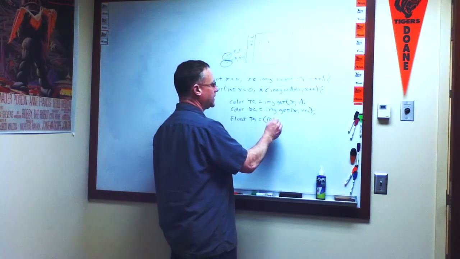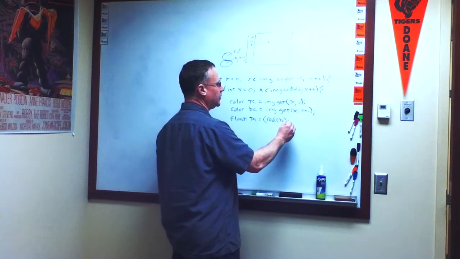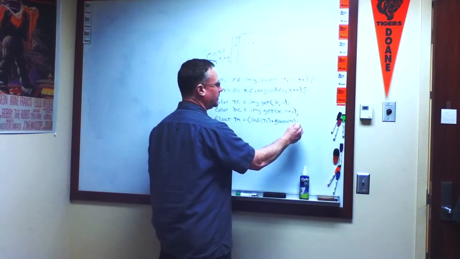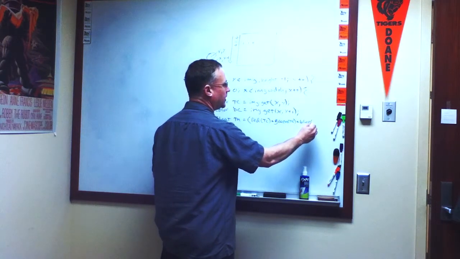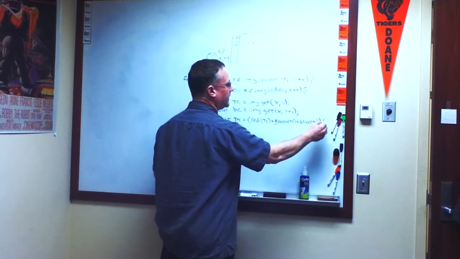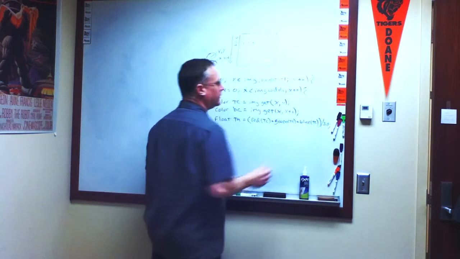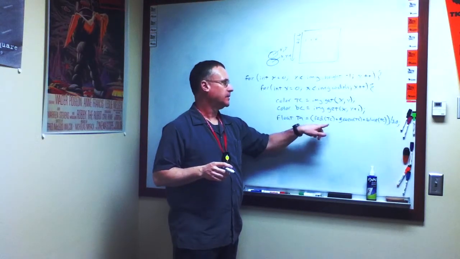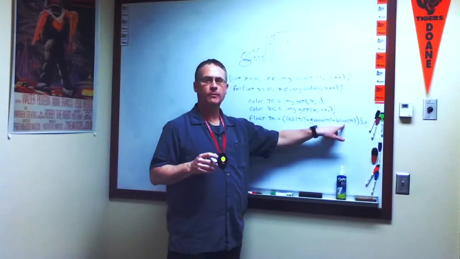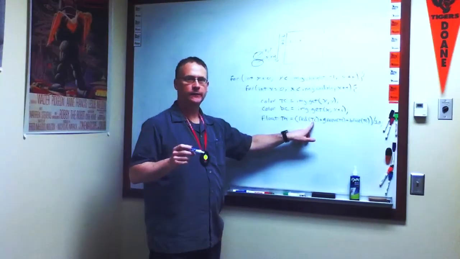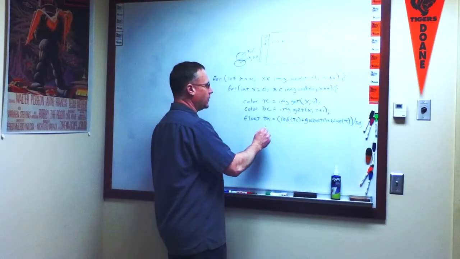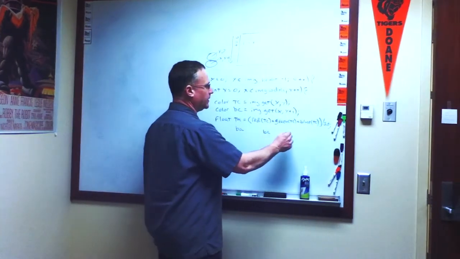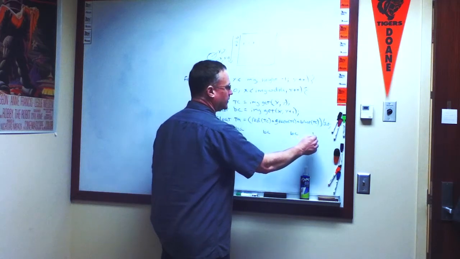So red of TC plus green of TC plus blue of TC divided by 3. Okay? That will compute the average color, some sort of grayscale number, based on the red, green, and blue components of the color TC. Do the same thing for the bottom average, except I would use bottom color in each method call.